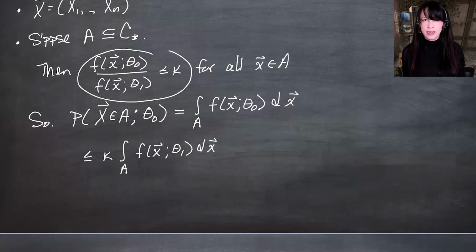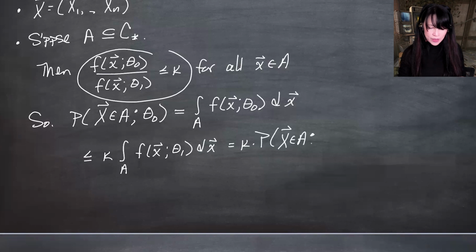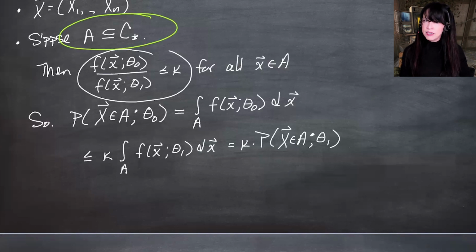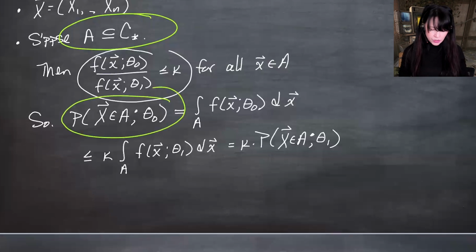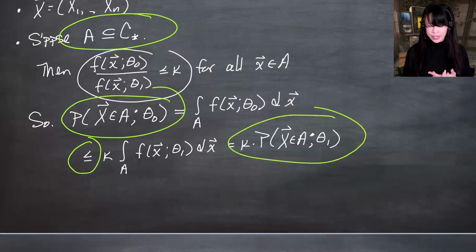But integrating the joint PDF over this region gives us k times the probability that x is in A when the parameter is theta 1. Bottom line, if A is a subset of what we're calling the best critical region, and we're out to show that it is, then the probability we're in A when the null hypothesis is true is less than or equal to k times the probability we're in A when the alternate hypothesis is true.